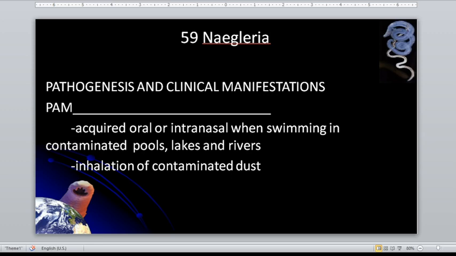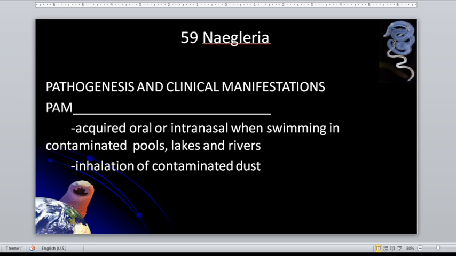It uses the olfactory nerve to infect the brain. Therefore, you cannot be infected if you ingest the parasite. I hope, guys, that is clear.